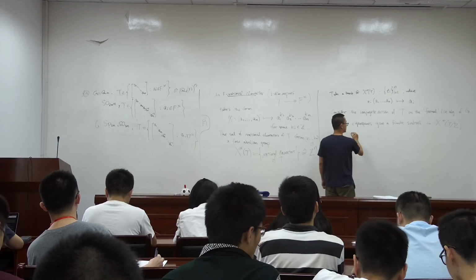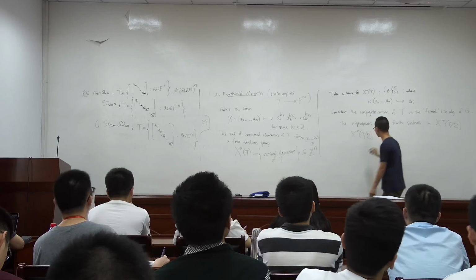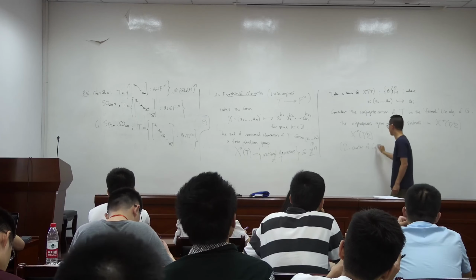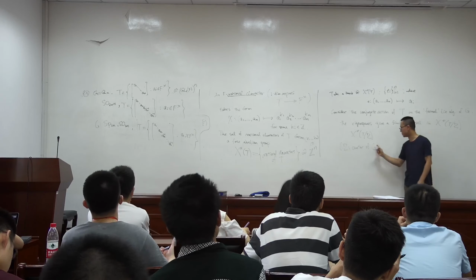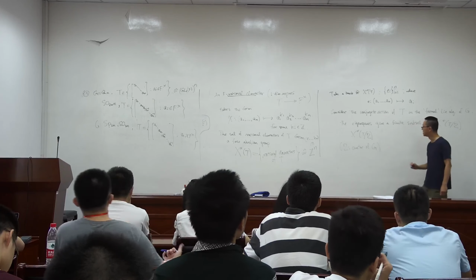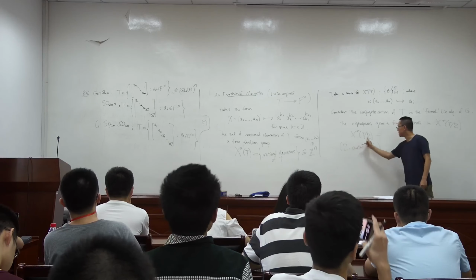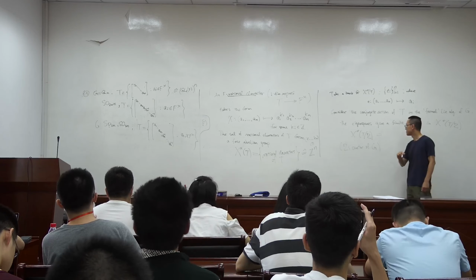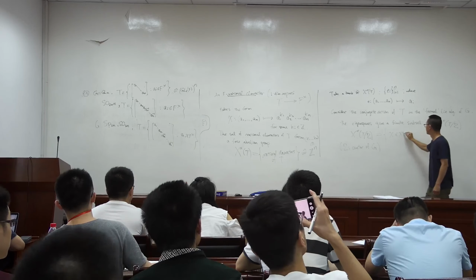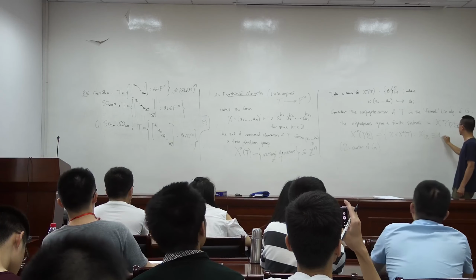What is this? I write it here. This set is the center of G. The center of the group is the set of elements that commute with all elements in the group. So this set in particular is contained in T, and this notation means all the characters of T which are trivial on the center.